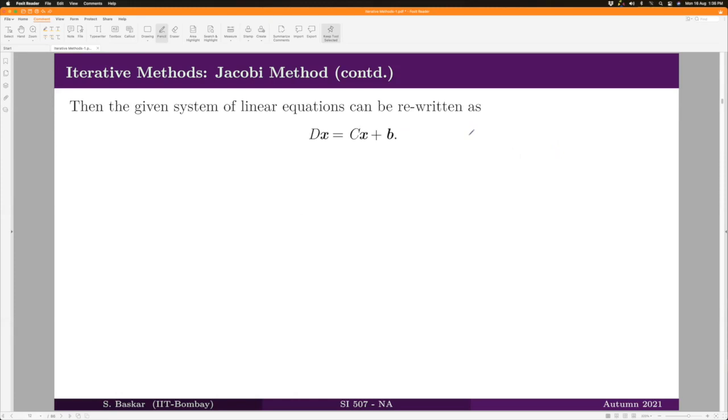Once you have written your A in this form, then the system AX equals B can be written as (D minus C)X equals B, right? Therefore, DX can be written as CX plus B, in which you can see that the left hand side is in the diagonal form.